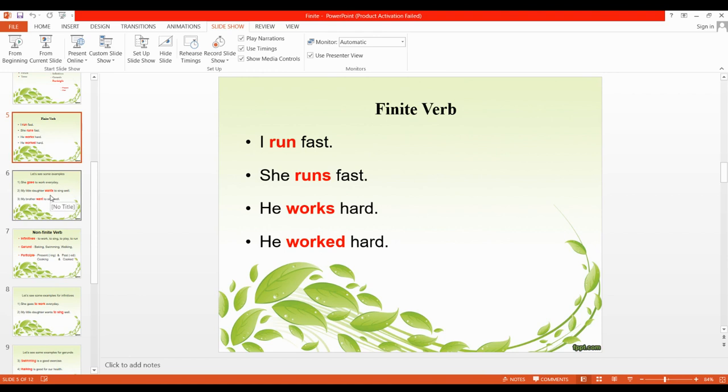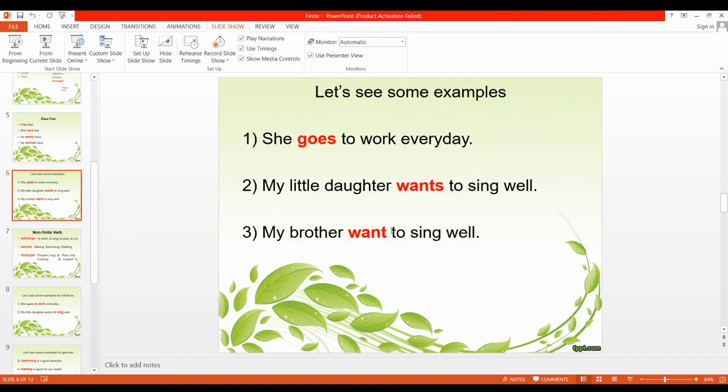Next, let's see some more examples. She goes to work every day. Because of she, we are adding s. Goes is finite verb. My little daughter wants to sing well. Wants. Here because of again third person singular, we are adding s.